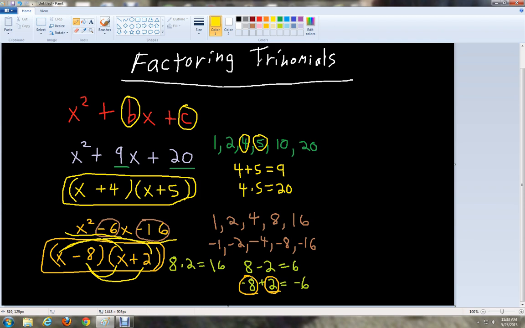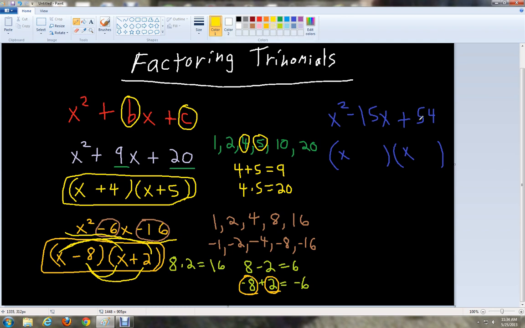Okay, so let's look at one more example, and this one is x squared minus 15x plus 54. So when writing it out, we do our two sets of parentheses, and we know x squared is x and x.